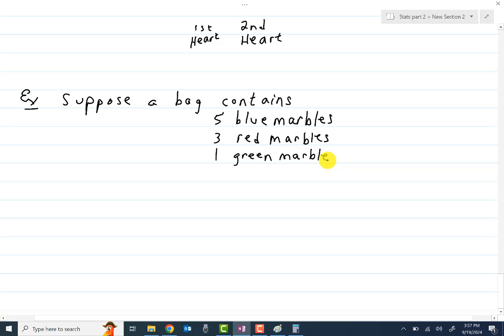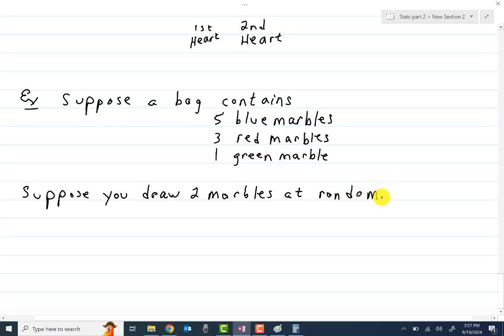Suppose you draw 2 marbles at random. So what is the probability that the first marble is red and the second one is blue?